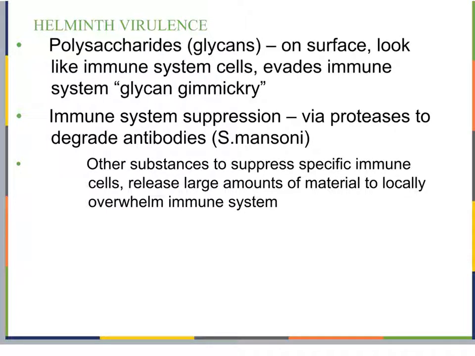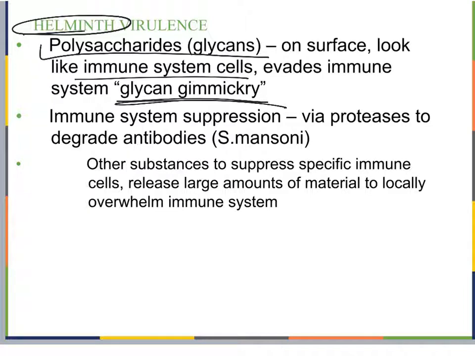And then lastly, we have polysaccharides or glycans on the surface of the helminth. We're still talking about helminths here. What happens is that they end up looking like immune system cells. So this is one way that a helminth tricks our immune system. Not only do they change the way that they look, they also change it to look like our own cells, so they can evade the immune system.